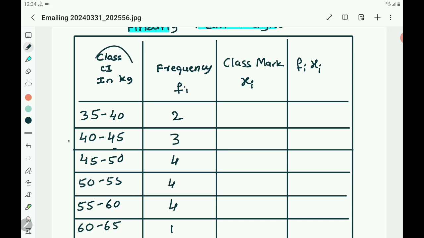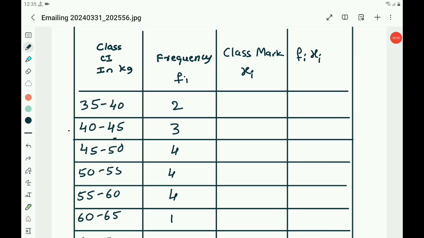Here CI and frequency will be given in the first and second columns. The third column is for xi and the fourth column is fi xi, the product of fi and xi.